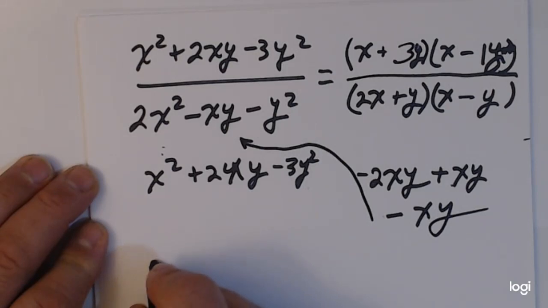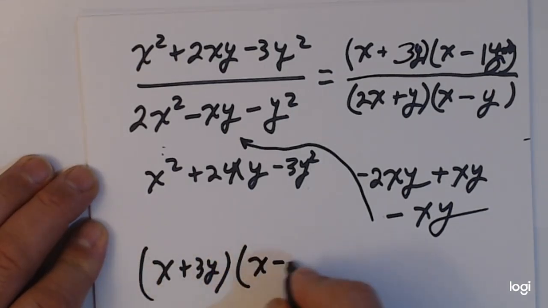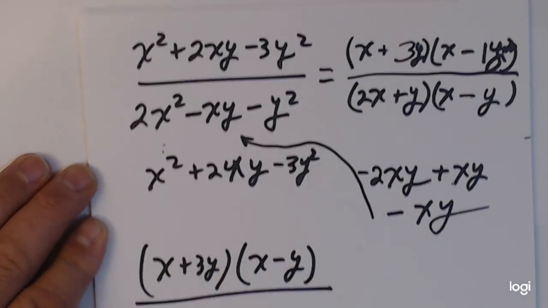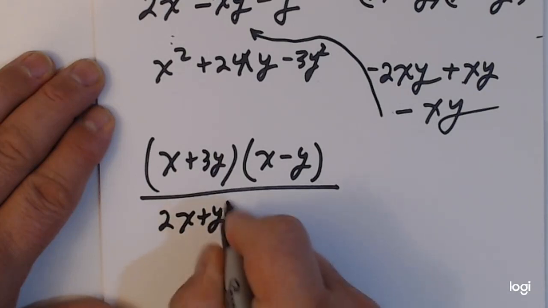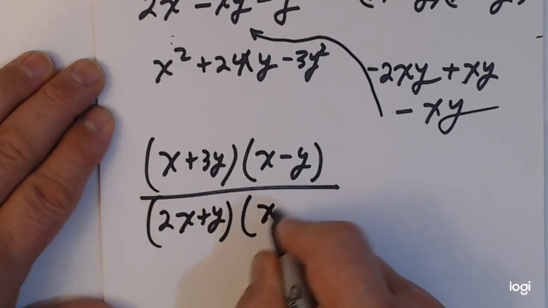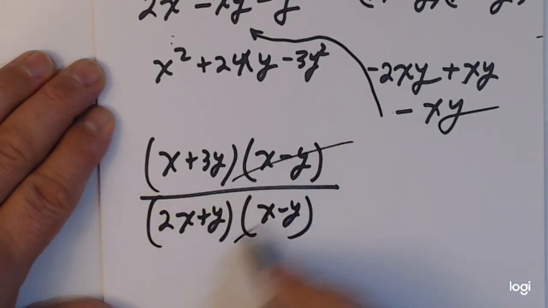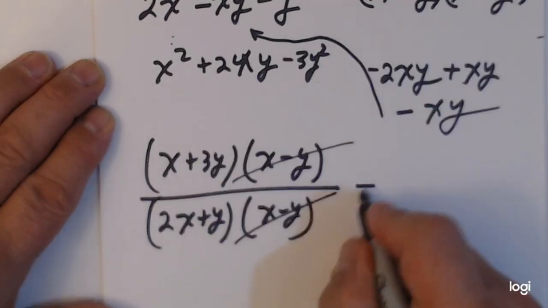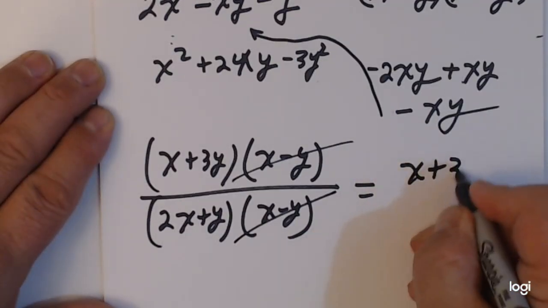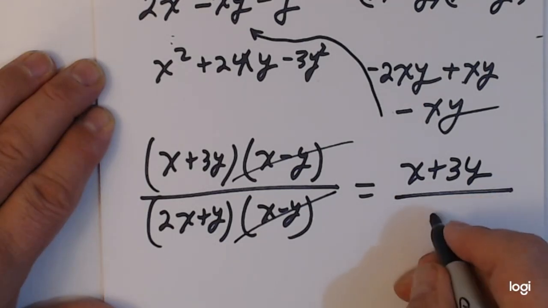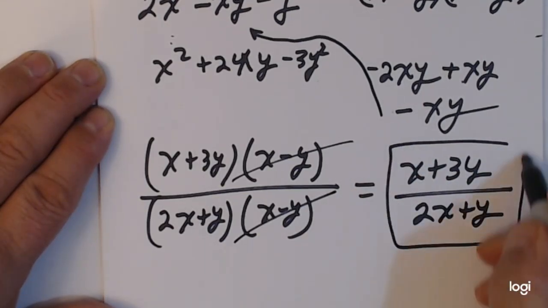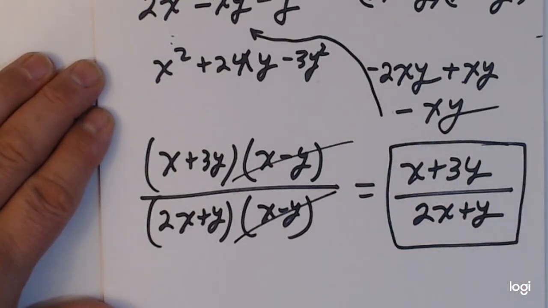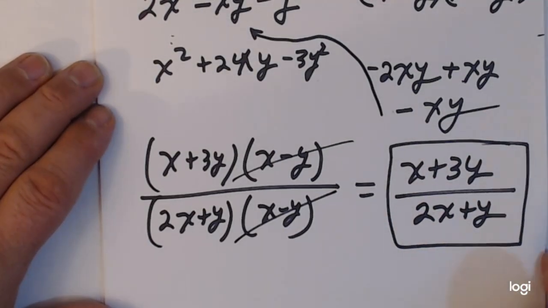It rewrites as x plus 3y times x minus y over 2x plus y times x minus y. The x minus y's cancel, and we're left with x plus 3y over 2x plus y. So there's our factorization. There's the simplified fraction.